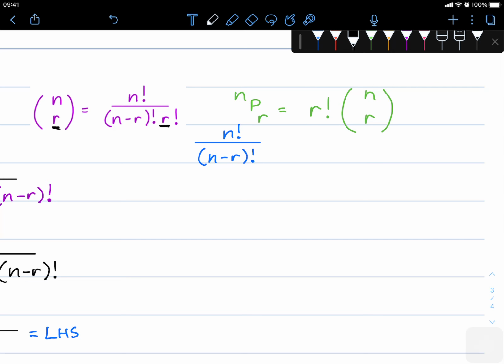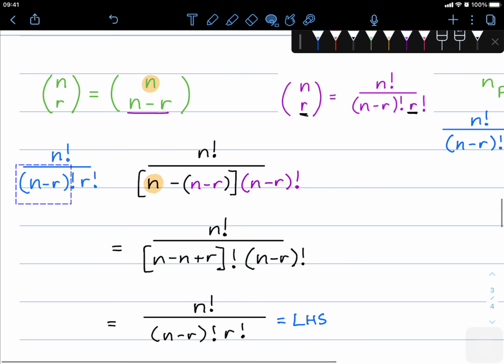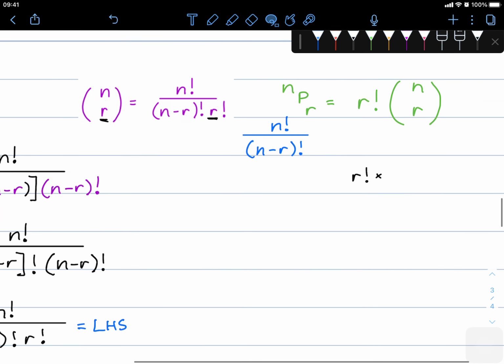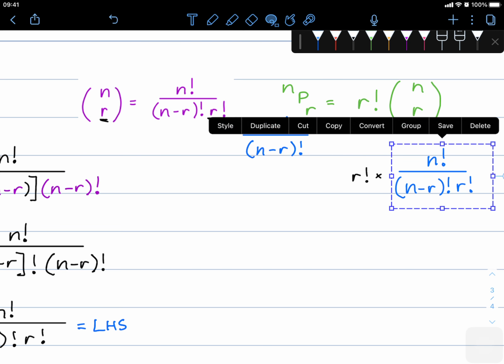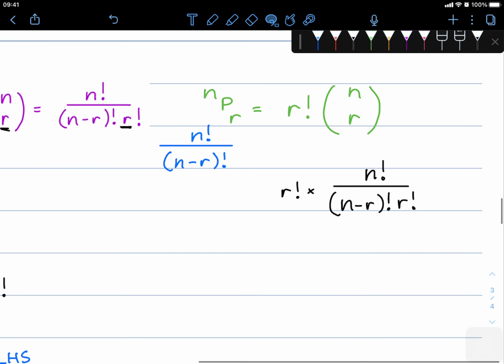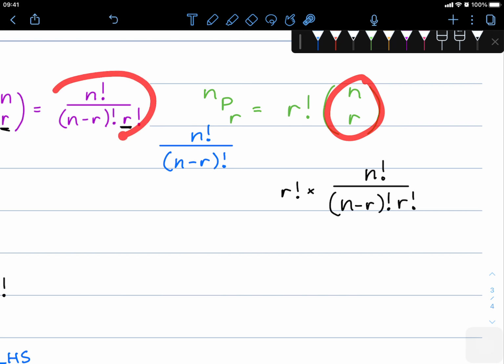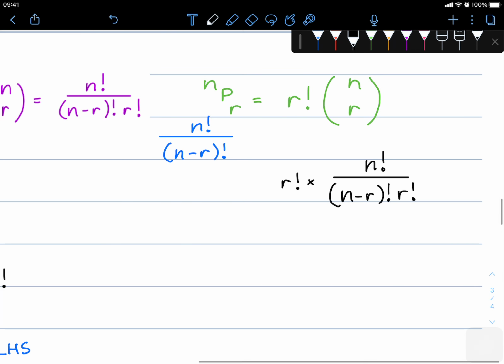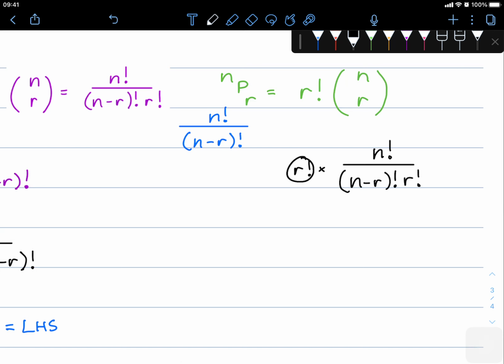This right hand side is going to become r factorial times, using the definition of this, I'm just going to be a little bit lazy and just copy this one here, paste it there, and let's make it black just to make it look as if I wrote it in. Okay, there we go. So we're just following the definition of the choose, or a combination, sorry. Well, if you take a look, that's r factorial times this division.